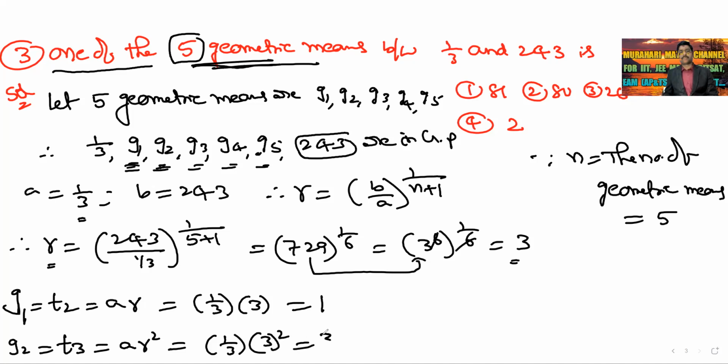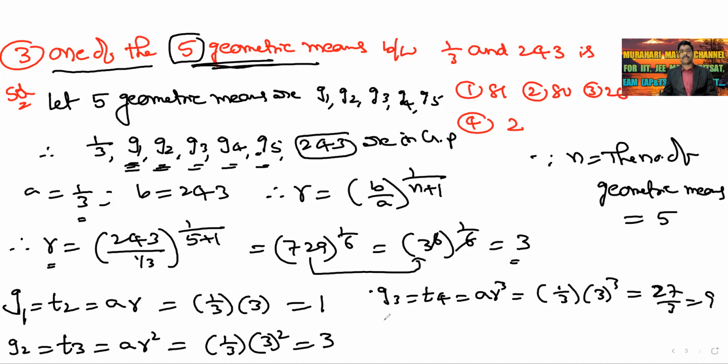The 3 gets cancelled, it will be 3. G3 is the fourth term, A into R cube. A is 1/3, R is 3, 3 cube is 27, the 3 gets cancelled, 27 by 3 is equal to 9.